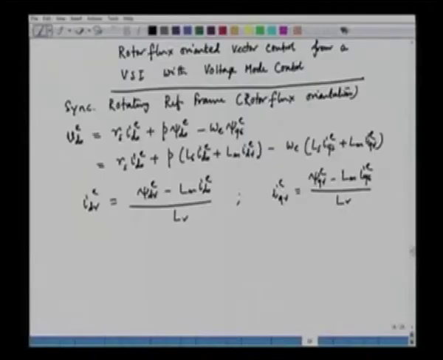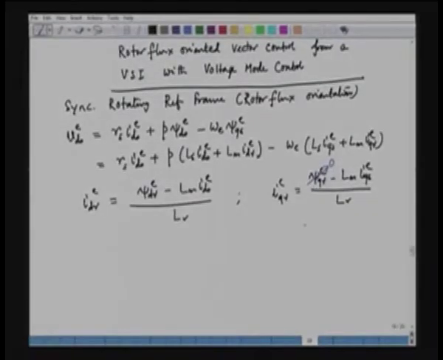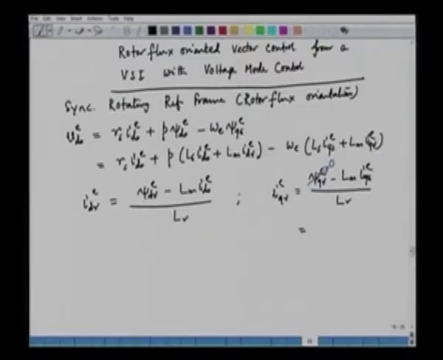So, we can say that this quantity is equal to 0, because this does not exist in a rotor flux oriented vector control drive. Now, if that is equal to 0, we can say that IQR equal to minus Lm by Lr into IQS. So what we will do now, we will substitute for IDR and IQR in the previous equation and simplify.